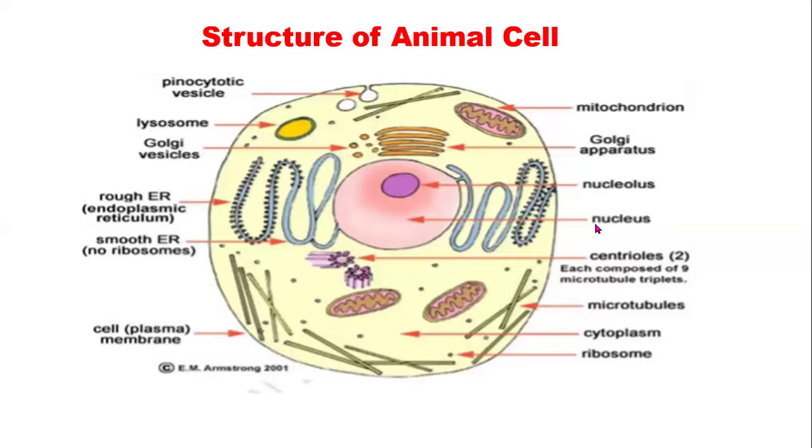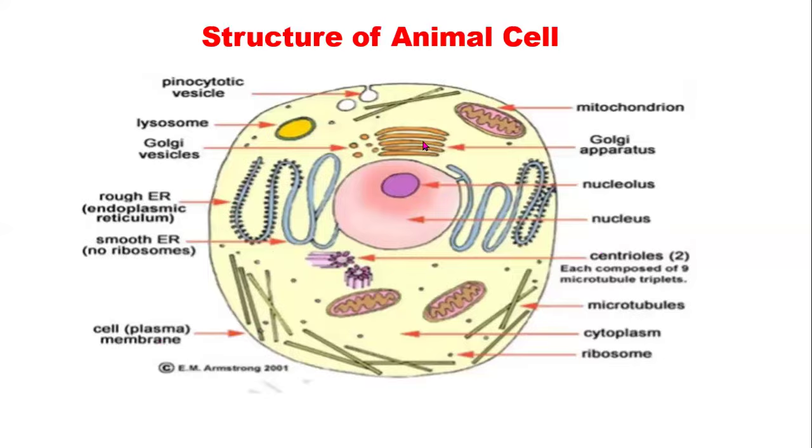There is fluid outside the cell, called extracellular fluid, and fluid inside the cell, called intracellular fluid. So the plasma membrane separates the extracellular and intracellular components. That is the function of the plasma membrane, or cell membrane.